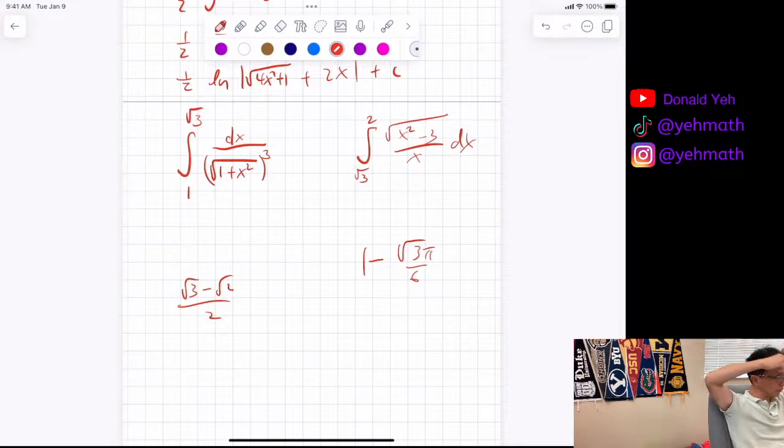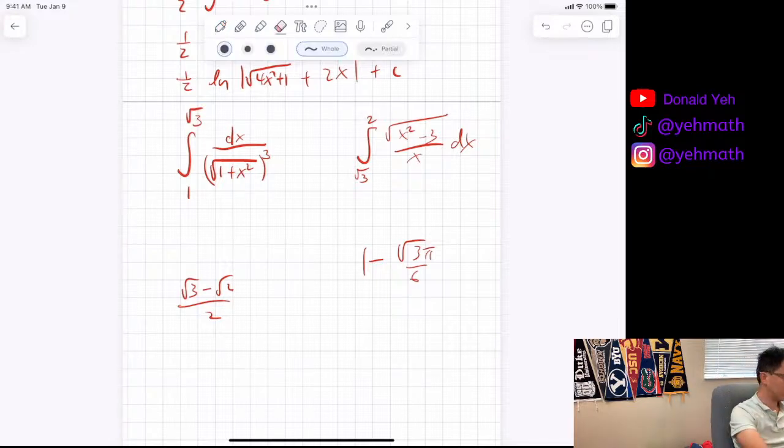That's right. Squared. I need to break it up. Break it up. Secant squared theta minus 1.